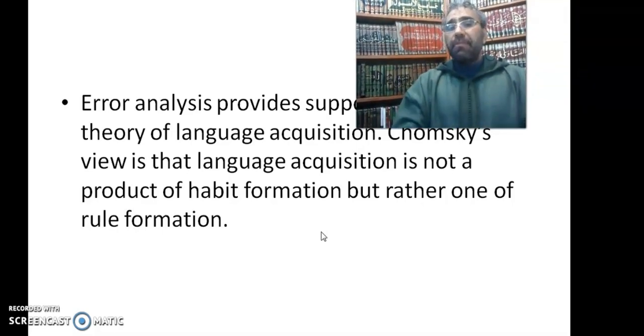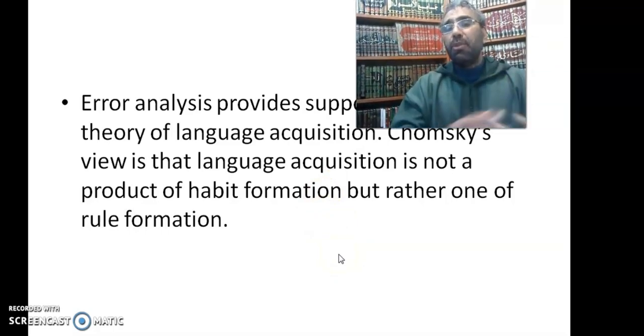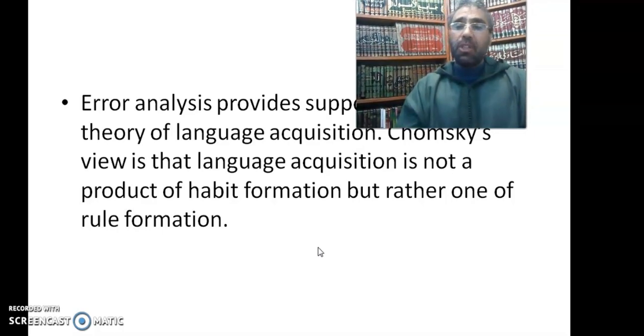The child is active. In the same way, a learner of L2 is not passive, but active, and he or she forms rules of his own. Rules that sometimes are correct, sometimes are not correct, but the main thing is that he or she does not only transfer rules from his L1.